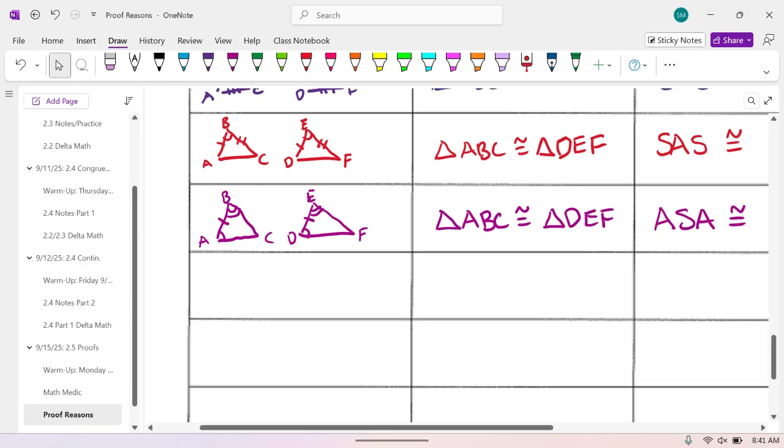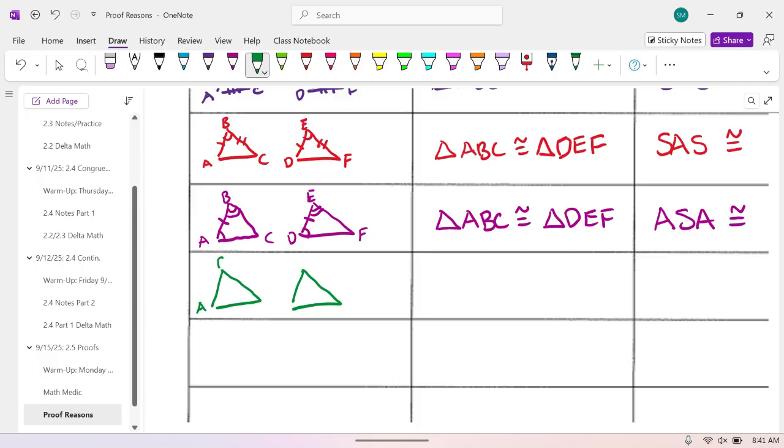All right. Two triangles again. Still naming them exactly the same. But now I'm going to mark it like this. I'm still claiming that they're congruent.